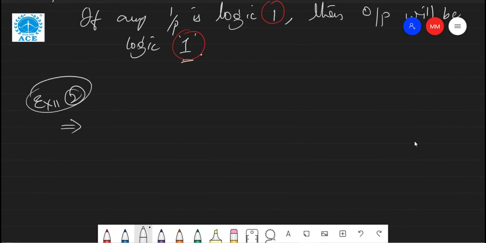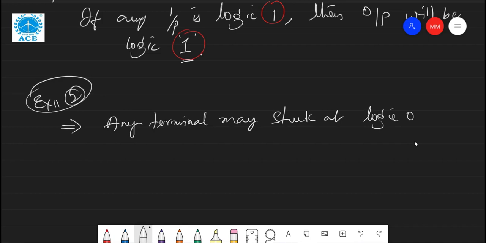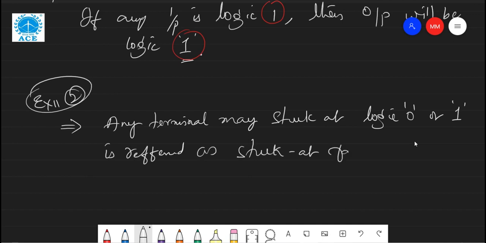Any terminal may be stuck at logic 0 or logic 1, which is referred to as stuck at fault, okay. So any terminal that may be stuck at logic 0 or logic 1 is referred to as stuck at faults, okay.